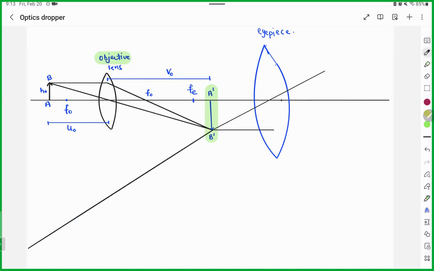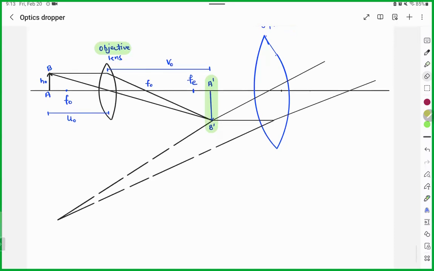If it is going like this, then it will go back. I am extending this.